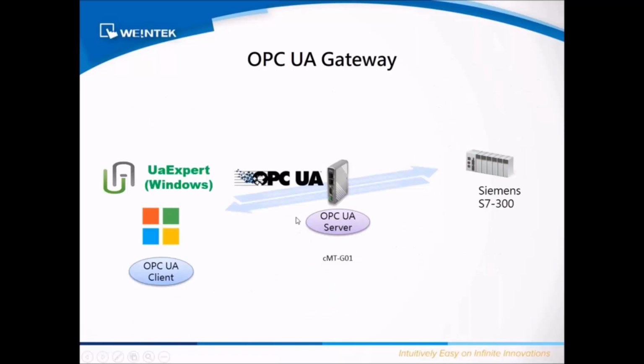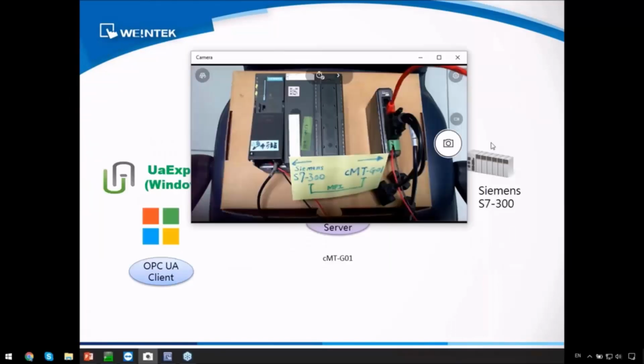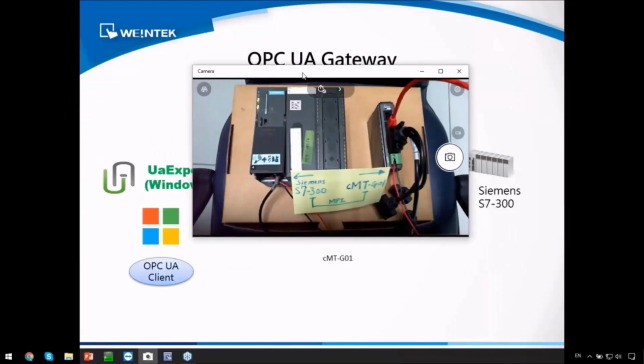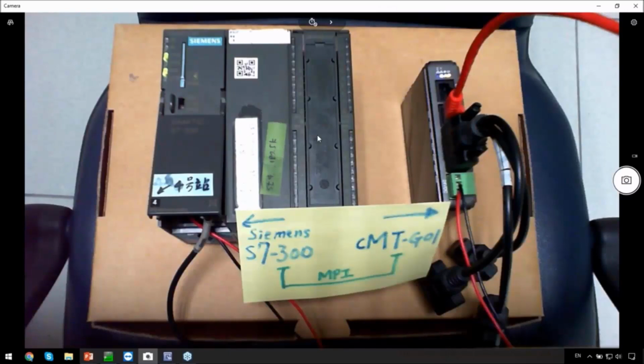Okay, so what I'm going to use is a software called UA Expert on Windows. It's a free and easy to use OPC UA software. And what I have here is one Siemens S7 300 PLC and one cMT-G01 OPC UA Gateway on the right.